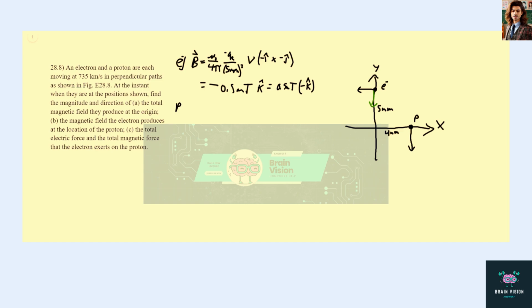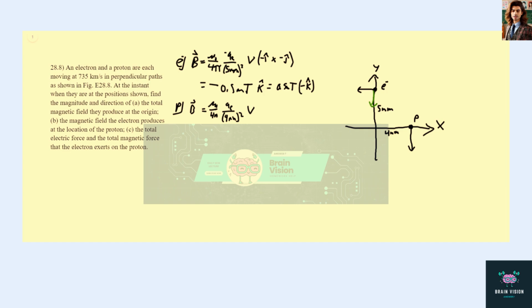Okay, now for the proton, we do the same thing. What's different is we have a different distance, and we have different cross products. So I'll write down this Q sub E this time for positive. That's the charge of the proton over 4 nanometers squared. The velocity is the same, 735, and we have that as the velocity vector.